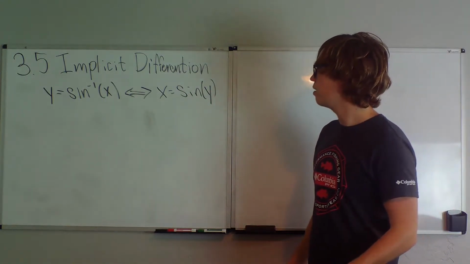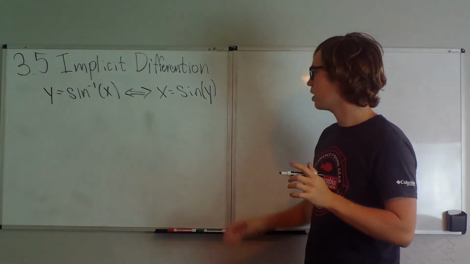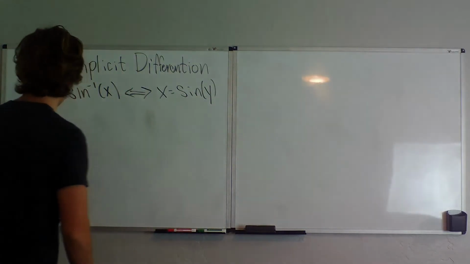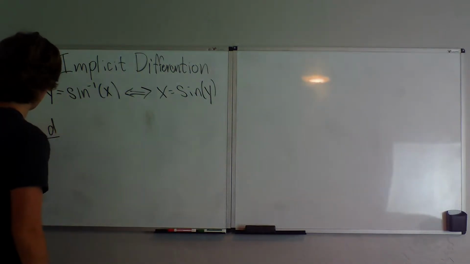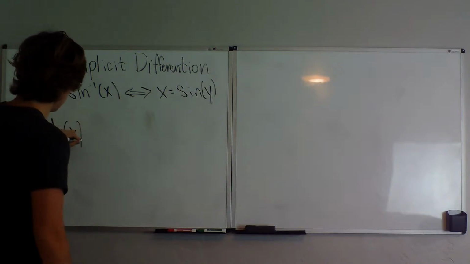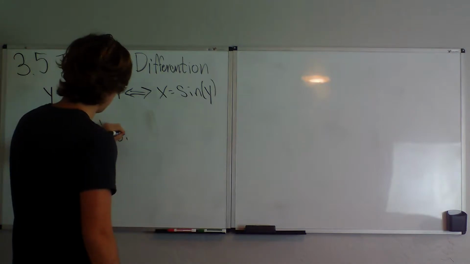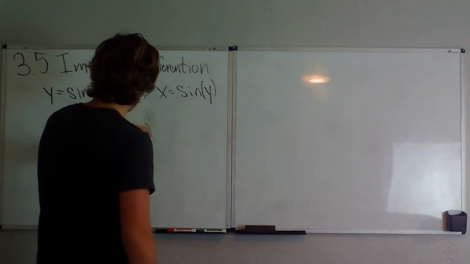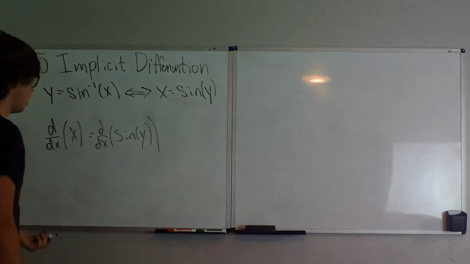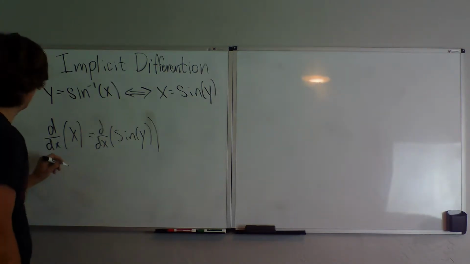So then let's do that. Let's implicitly differentiate the whole thing. So, how do we do it? dx of x is equal to dx of sine y. Okay, and now let's just differentiate. Well, derivative of x is 1.